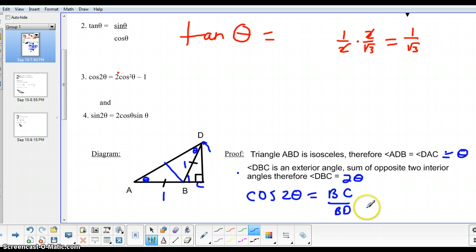Okay, and we know that AB is 1 unit and BD is 1 unit, so we can say BC over 1, because BD is equal to 1. So our cosine 2 theta is equal to BC.